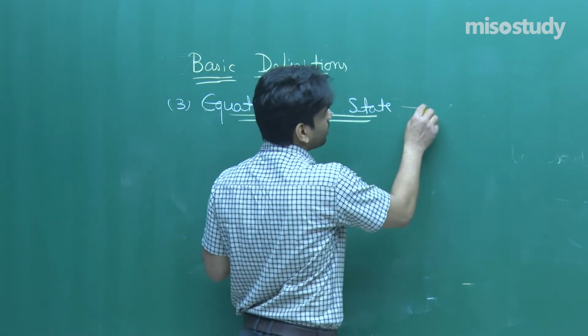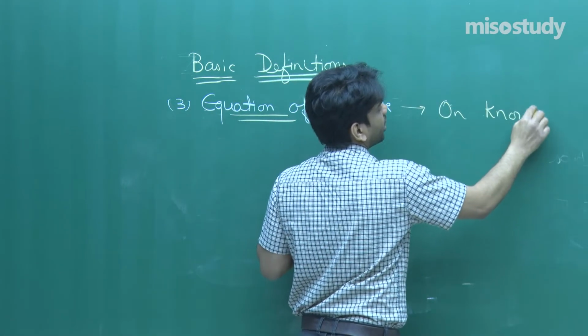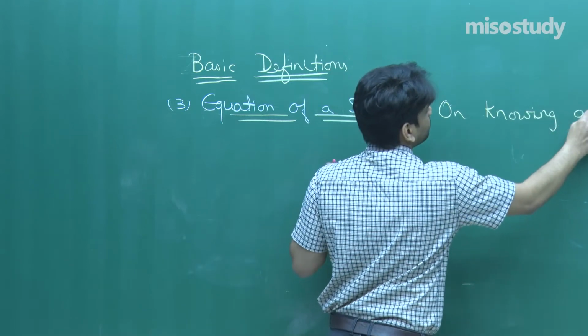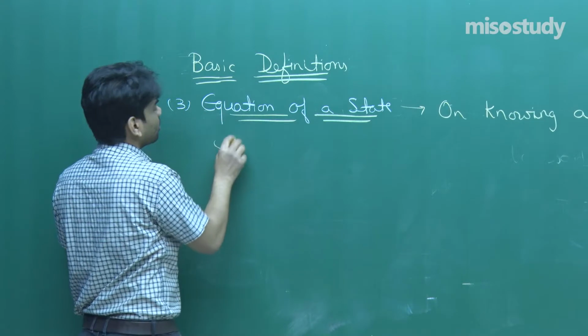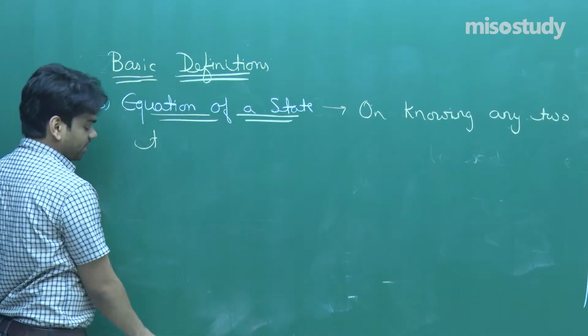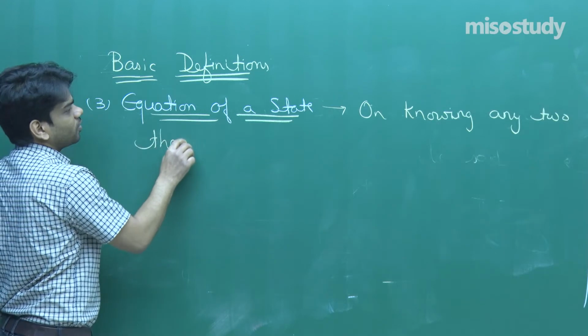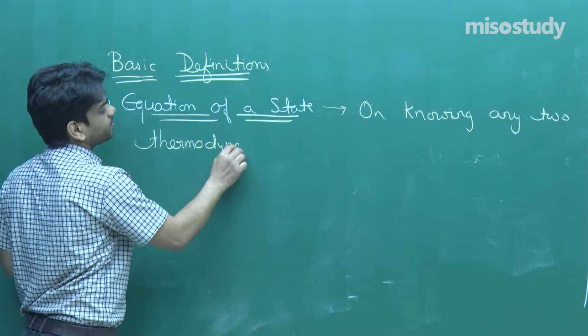Equation of state: on knowing any two thermodynamic variables, we can easily compute the third thermodynamic variable.